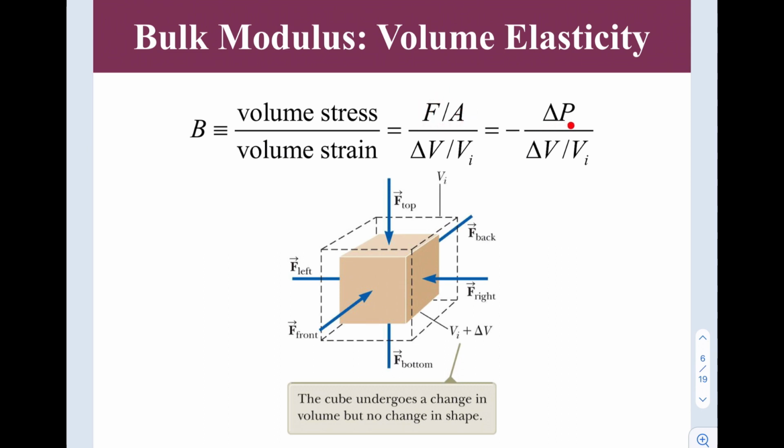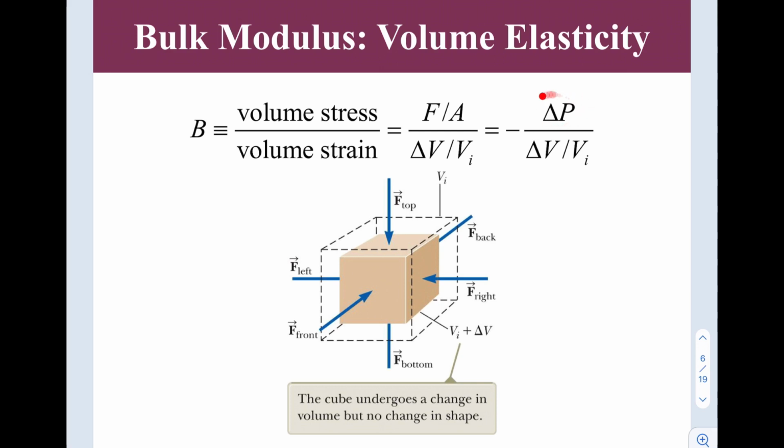It might be that the pressure or the stress also changes. That is why we put delta P. For example, a cube of this object is firstly in air at atmospheric pressure, and then suddenly we immerse it into water.